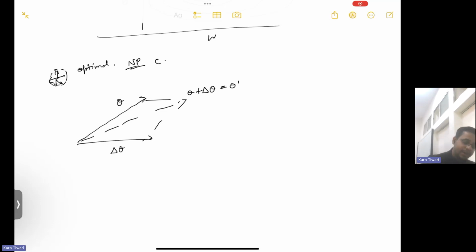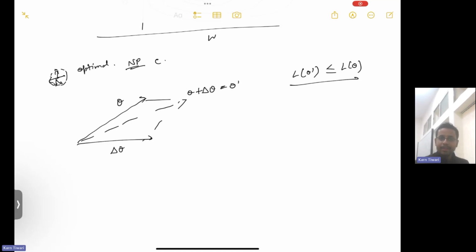We need to ensure that L of theta prime is less than or equal to L of theta. That's how the minimizing works; it should be a monotone sequence. If it's not a monotone sequence, you can't ensure convergence.